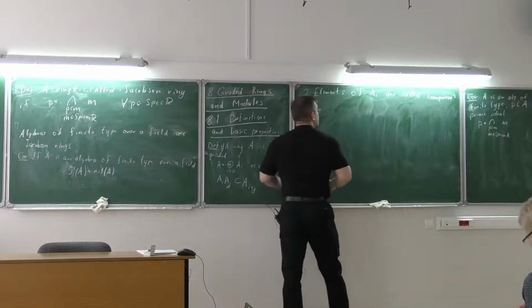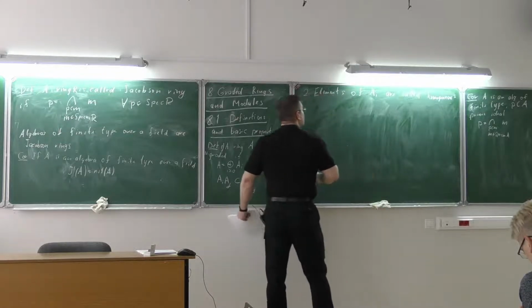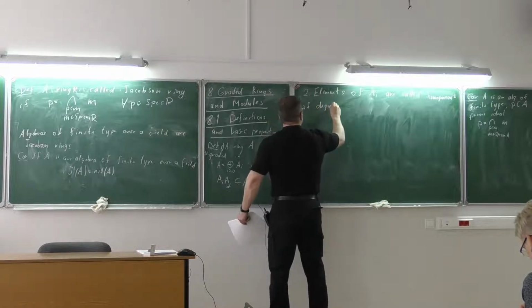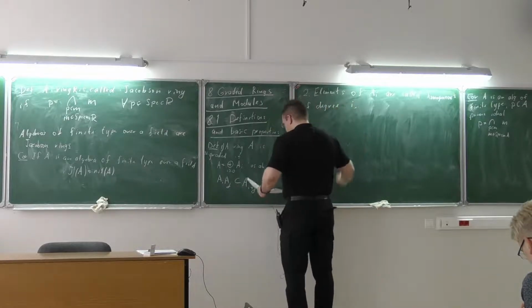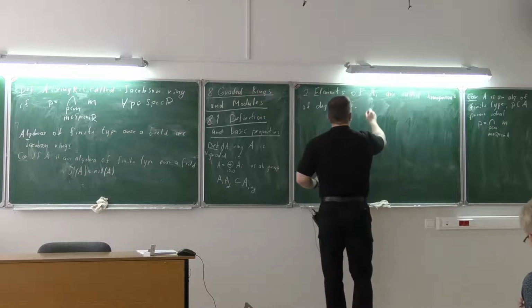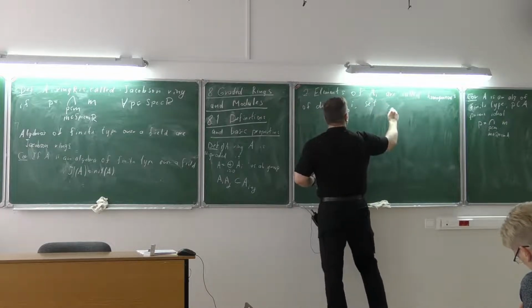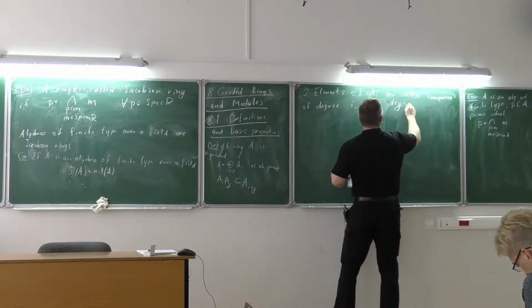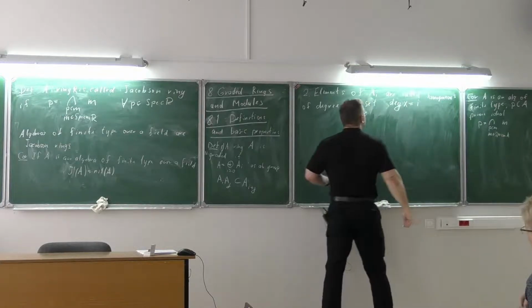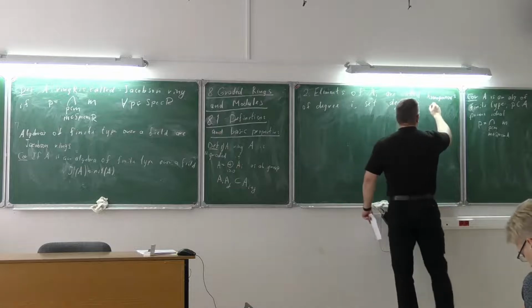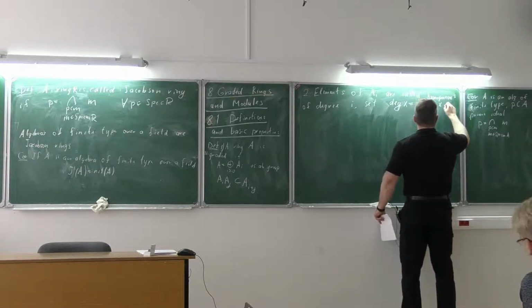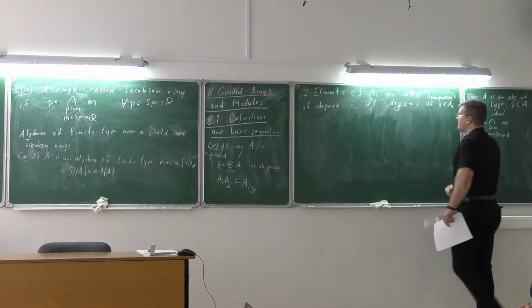So these are homogeneous elements, and even more precisely, you could say that it's homogeneous of degree i. Or you can as well introduce the function which we can call degree, and degree of x is equal to i if and only if x is homogeneous of degree i. So x is an element in the A_i.